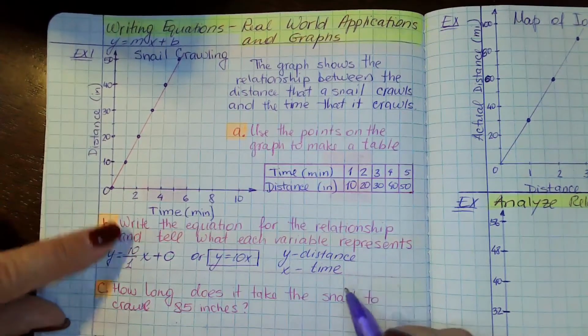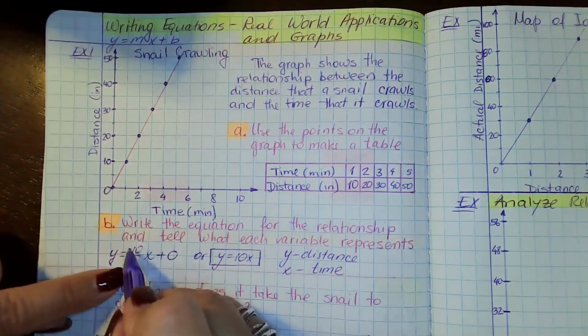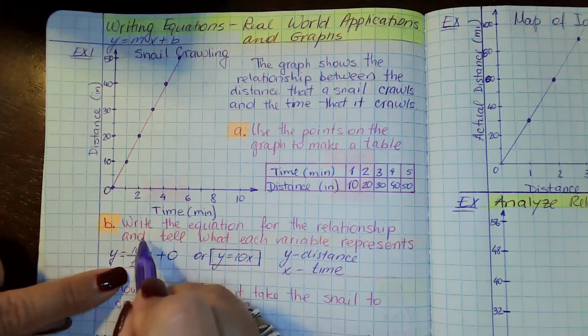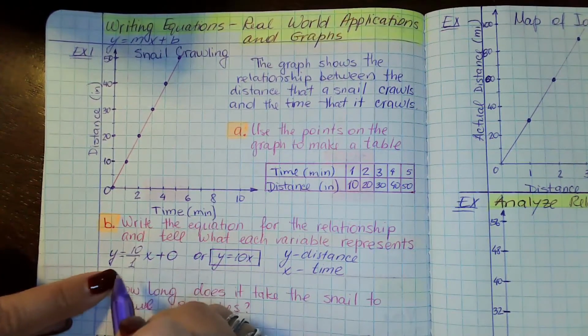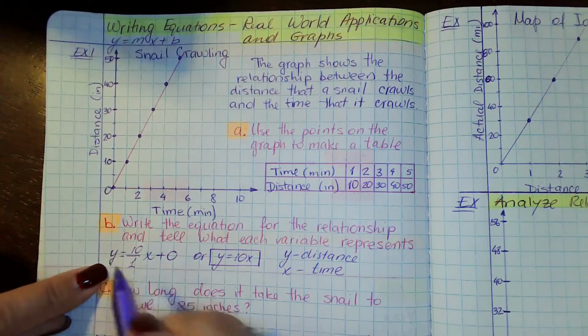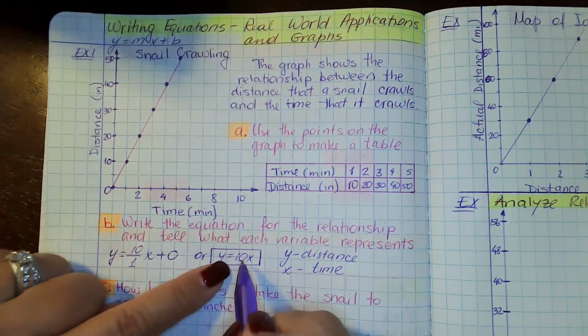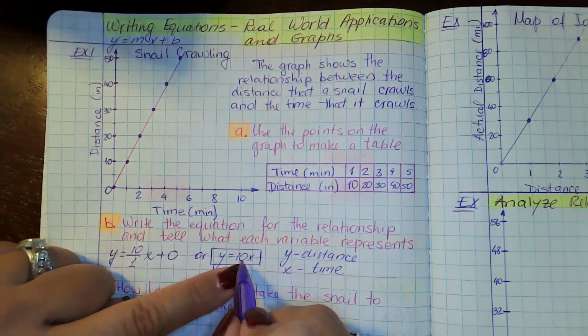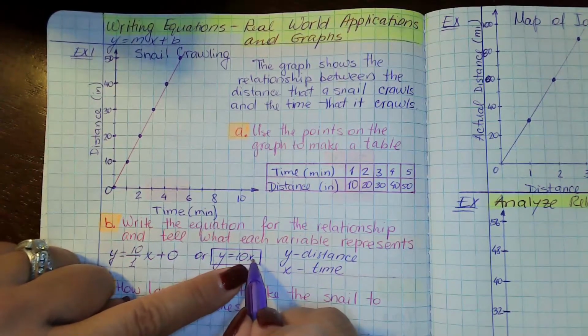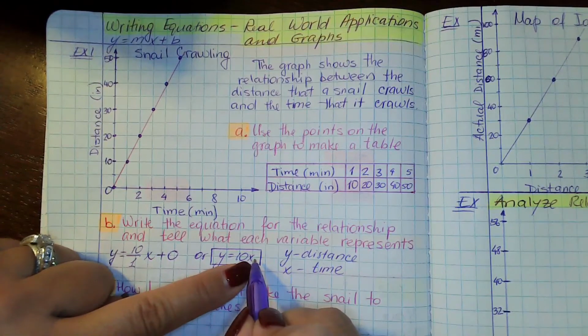In the slope, the relationship is y over x, in other words, the distance traveled over time. To calculate the distance, y, we multiply 10 times x. So that is 10, the slope, times the number of minutes.